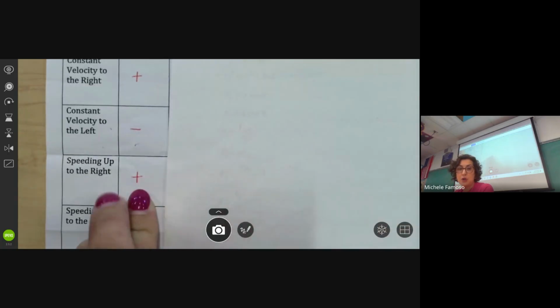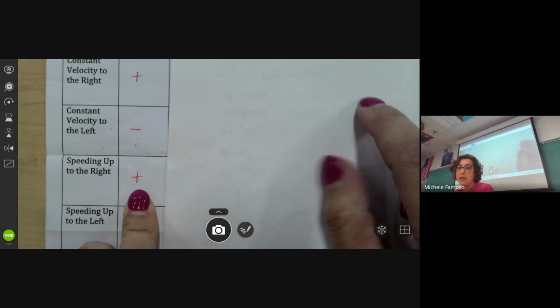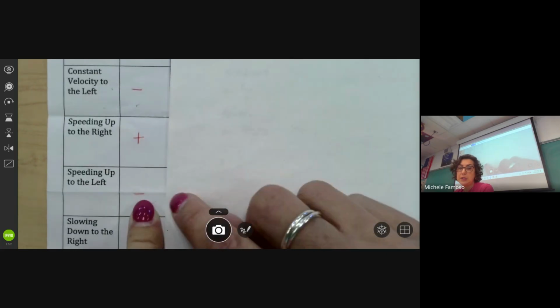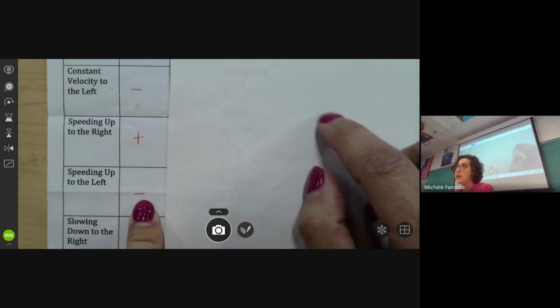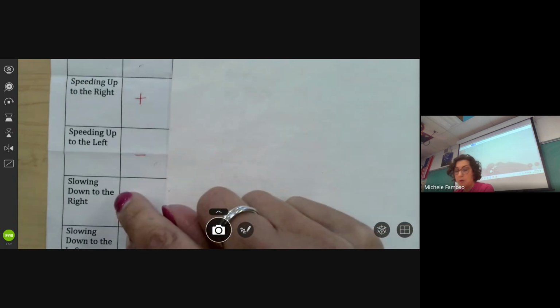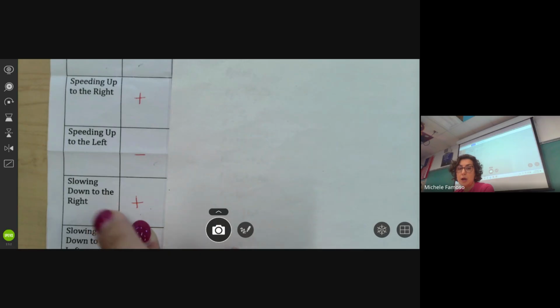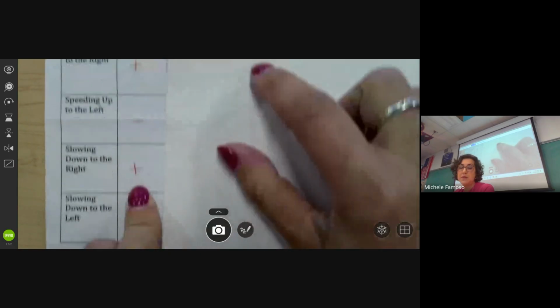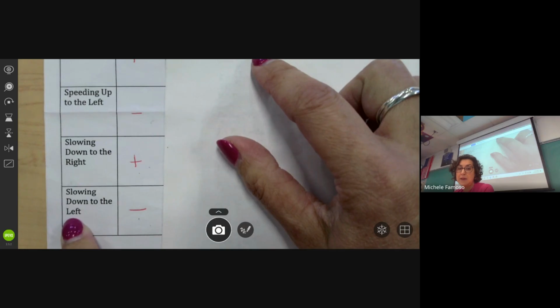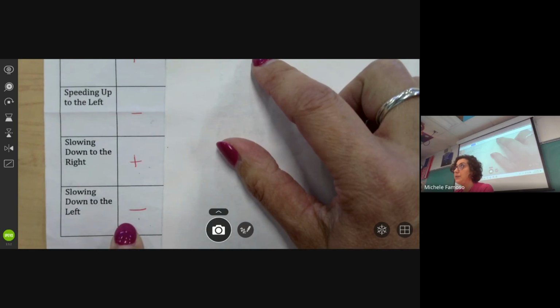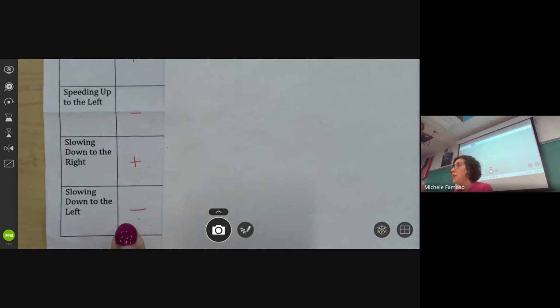If you're speeding up as you go to the right, the word right tells you the velocity is positive. Speeding up to the left, the word left means the velocity is negative. If you're slowing down as you go to the right, the word right tells me the velocity is positive. Slowing down to the left, the word left tells me the velocity is negative. So all I look for the velocity is whether I'm going right, left, or I'm not moving.